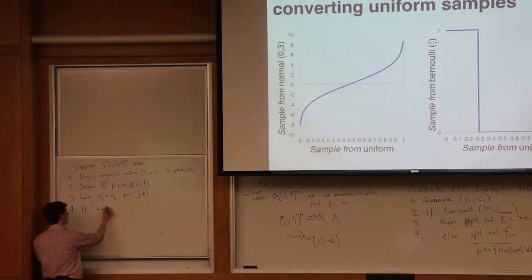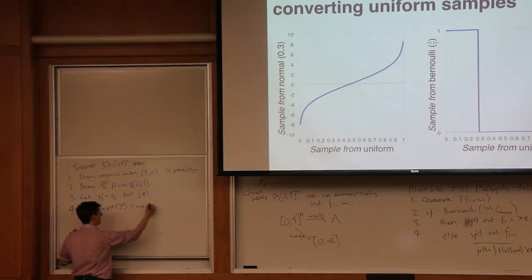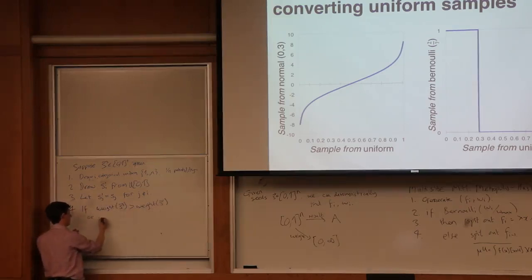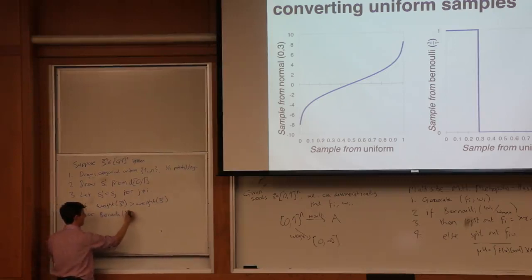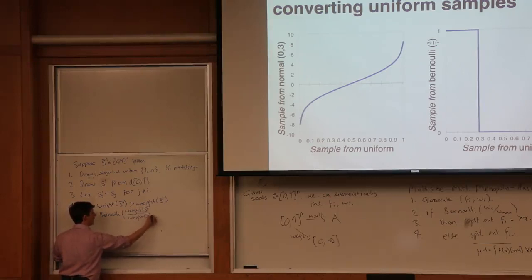If the weight of this new hand, or this new seed, S prime, is bigger than the weight I had before, or I toss a biased coin whose bias is the weight of the new hand over the weight of the old hand.